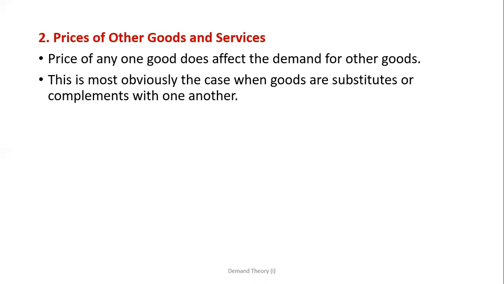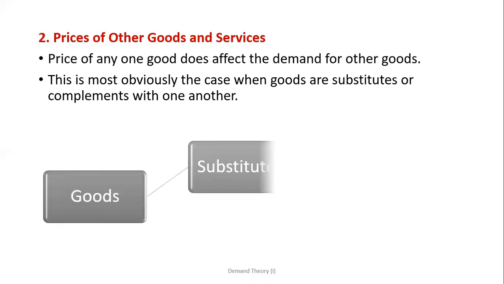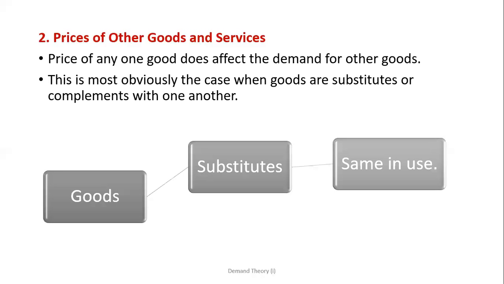We can categorize such goods in two classes, one substitute and other complements. Substitutes are those goods which are same in use. Therefore, when the price of one of the good will increase, the consumer will find the other good relatively cheaper. Therefore, they will switch to the other commodity.